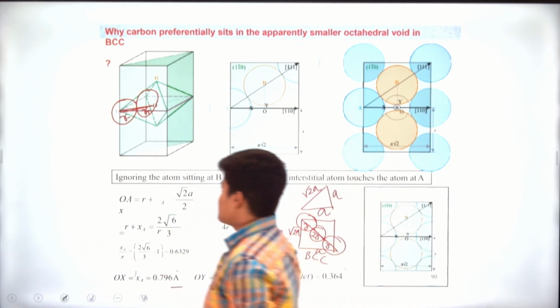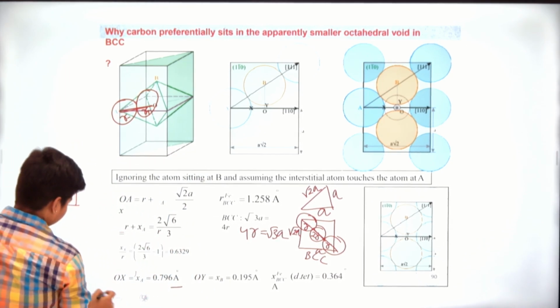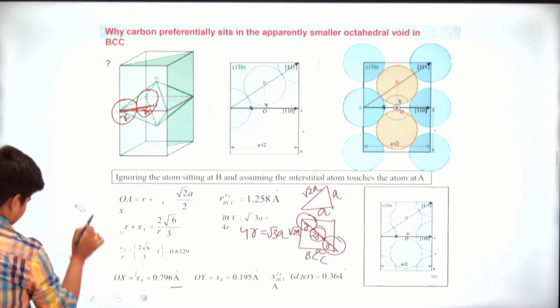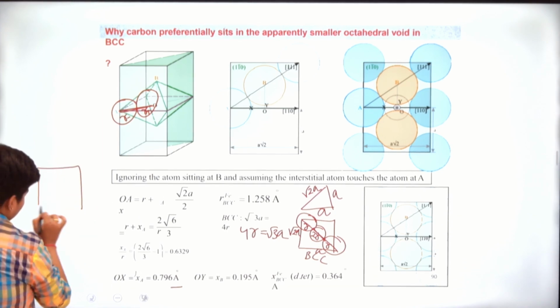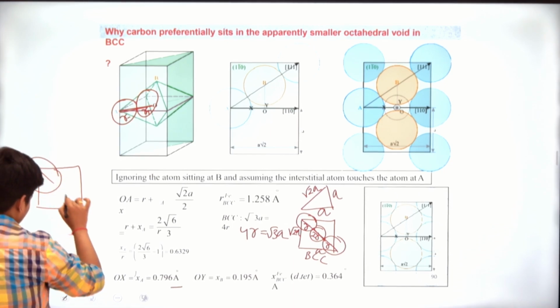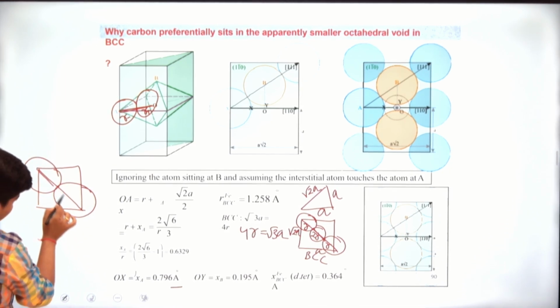Similarly, in FCC structure, if we take one side in FCC, like this, okay, here one lattice point, here one lattice point.